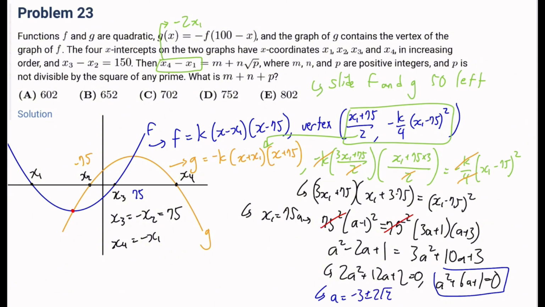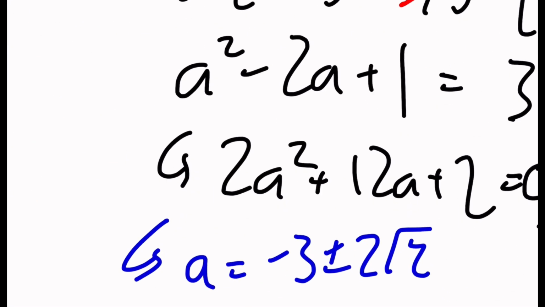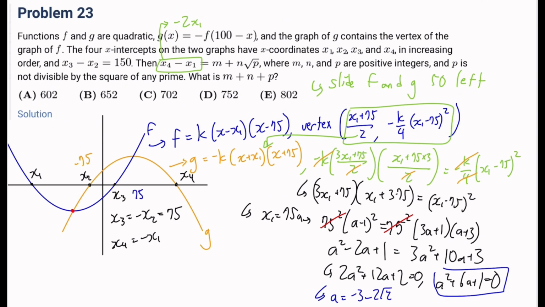But then since x1 is over here and x1 is 75a, that means a is also not just negative 1, right? And so a is less than that, so this should be minus 3 minus 2 root 2, right? And so since a is equal to negative 3 minus 2 root 2, then we can get the value of x1, right?